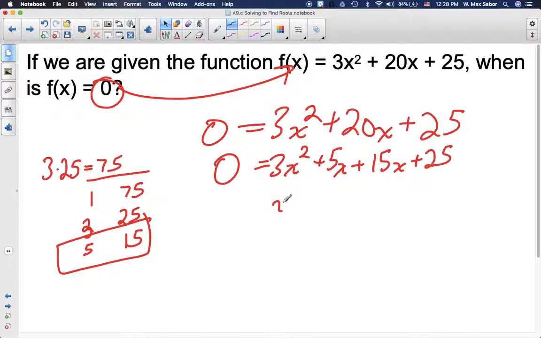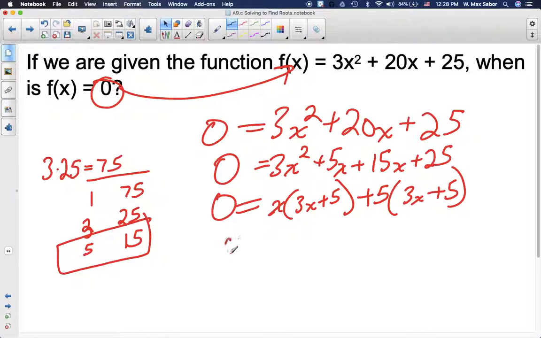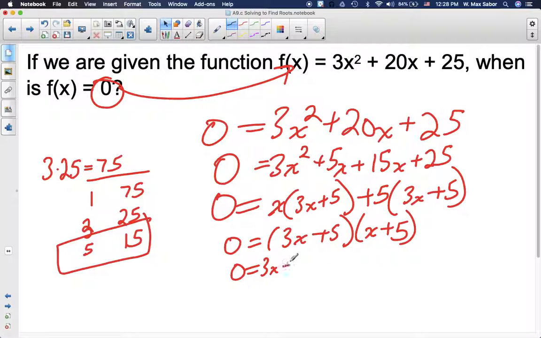So now we say x times (3x plus 5) plus 5 times (3x plus 5) equals 0. 0 equals (3x plus 5)(x plus 5). And then 0 equals 3x plus 5, or 0 equals x plus 5.